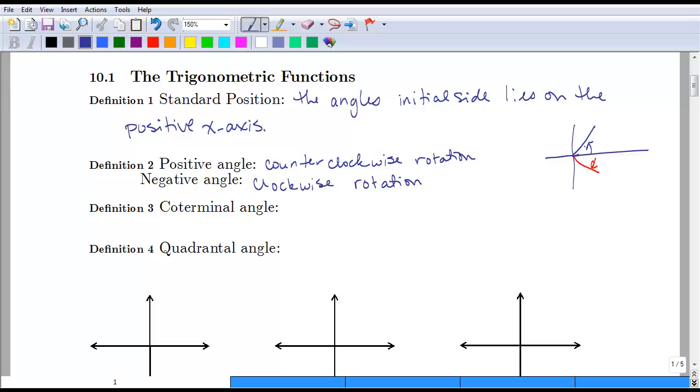If we talk about our axis here, we can talk about going around this axis as many times as we want and still ending up at the same point. And so technically there's an infinite number of angles which are considered to be coterminal. So this is two angles that share a common terminal side.